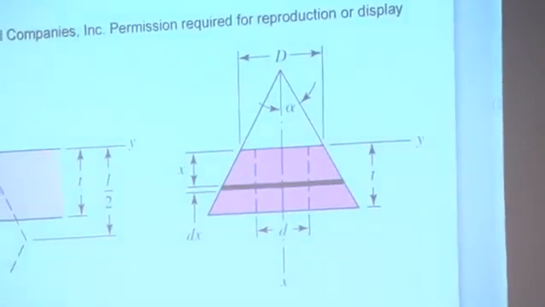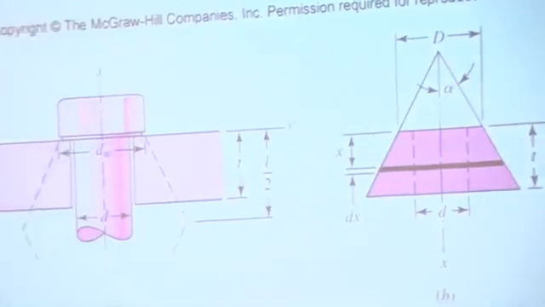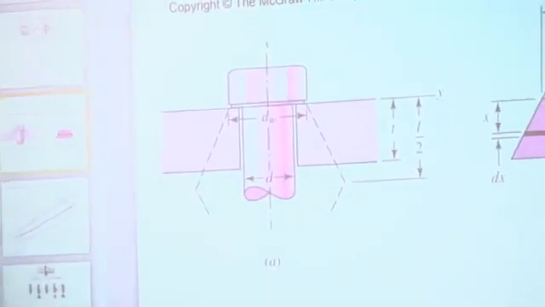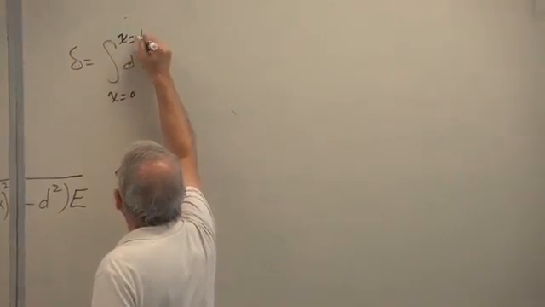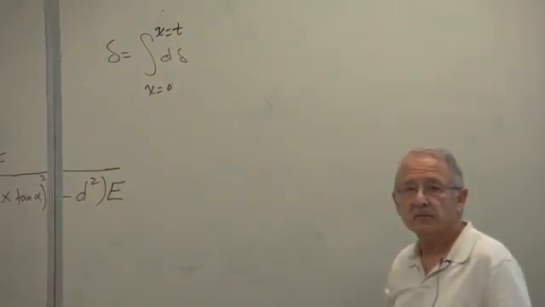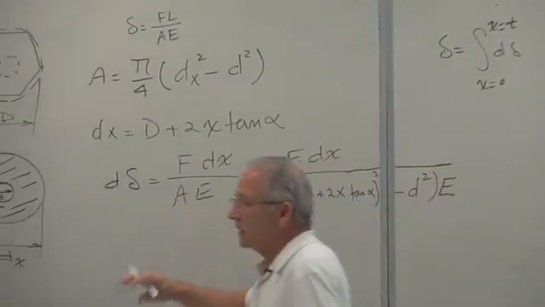Therefore, delta is equal to the integral of d delta, from x equal to 0 to x equal to t. We integrate this, and we come up with this equation.